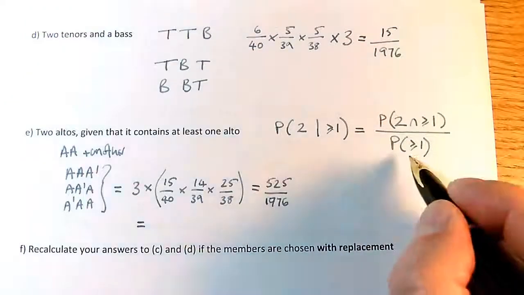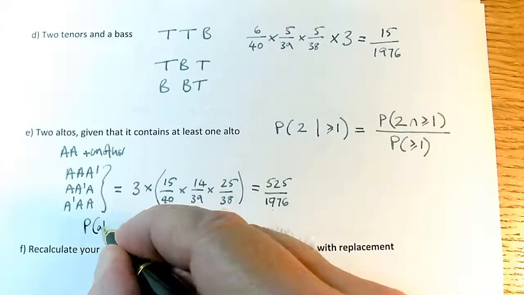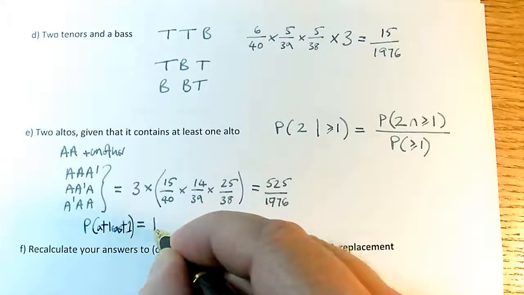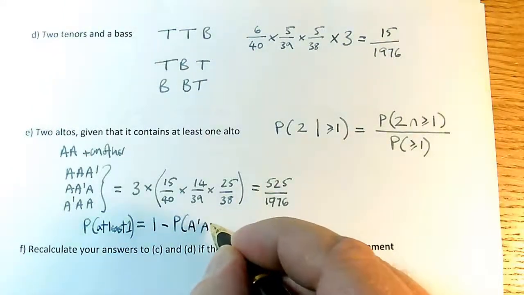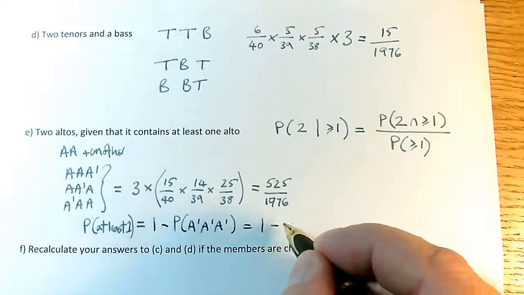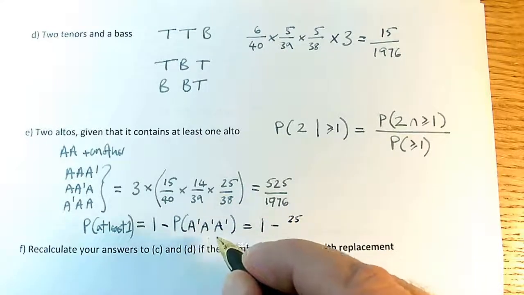Now that leaves me with the bottom calculation to do, the probability of at least one alto. So the probability of at least one alto is 1 minus the probability that none of them are altos. We've used that before. So it's 1 minus the probability of not alto, not alto, not alto.